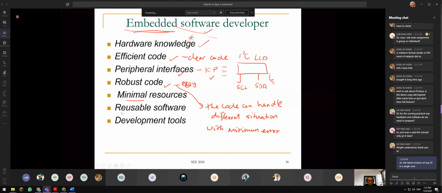Finally, what you write, your software, has to be reusable. Reusable means that it's easy for you to do migration. Let's say, for example, you write your code using Microchip. Then suddenly the customer says, I don't want Microchip, I want, let's say, Hitachi or STMicroelectronics microcontroller.